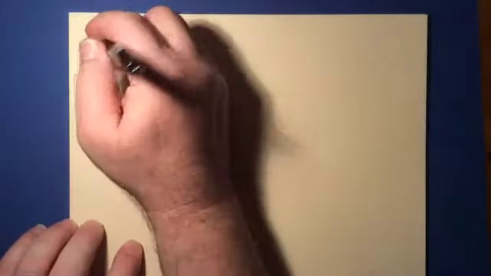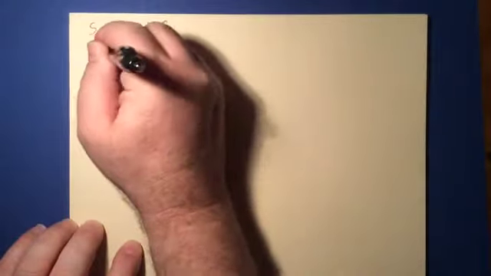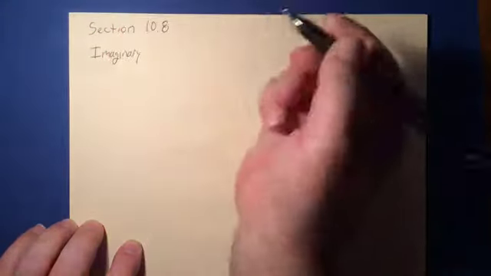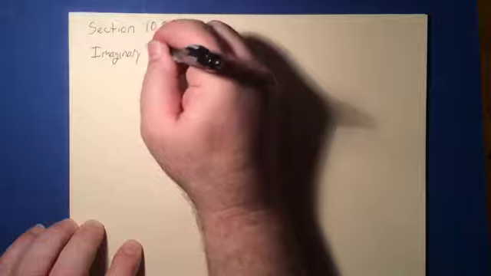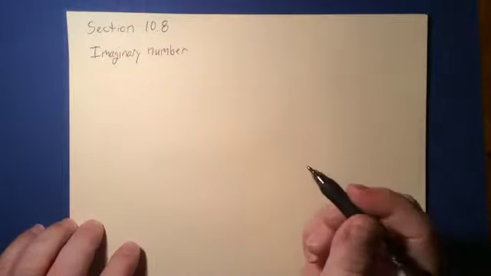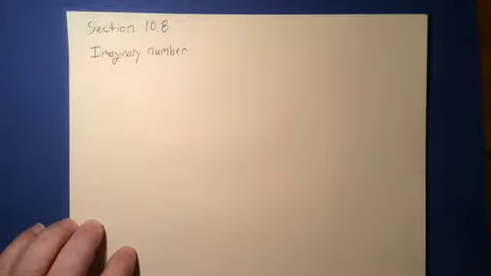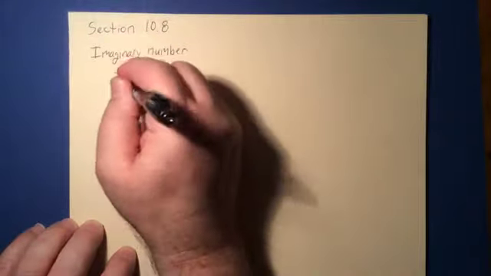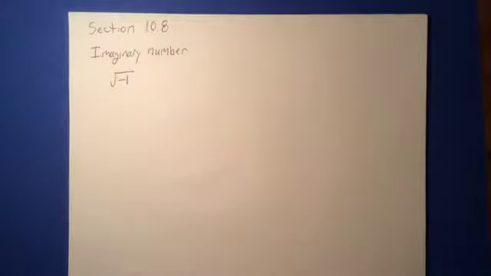So, an imaginary number. I forget the scientist's name who did it. It may have been Euler. I think it was someone else, maybe Gauss or someone like that. They wanted to find out, how can we find the square root of a negative 1?